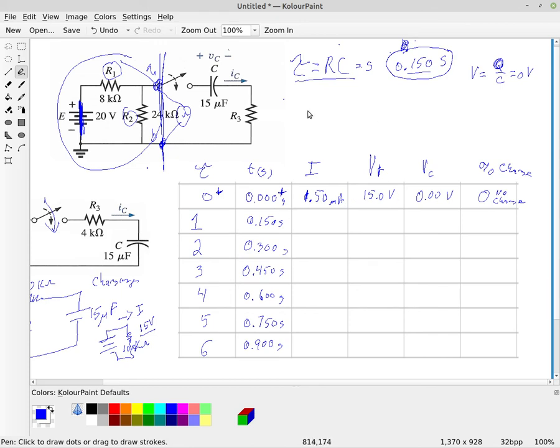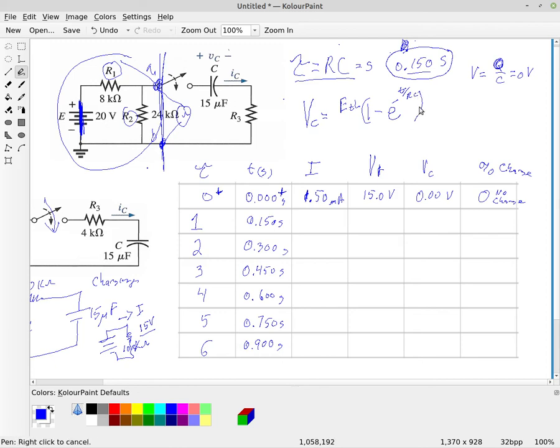So now when we want to calculate the voltage, the voltage is equal to, this is the equation they gave us, your voltage source, which is E Thevenin in our case, times 1 minus the exponential of minus t, the time, divided by RC.